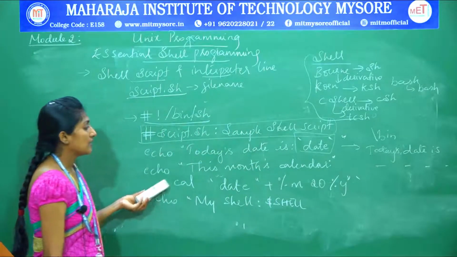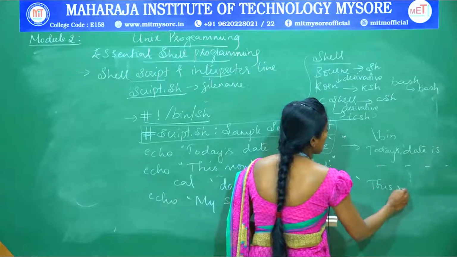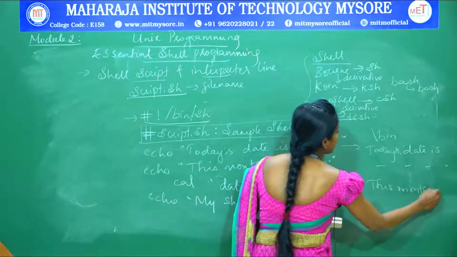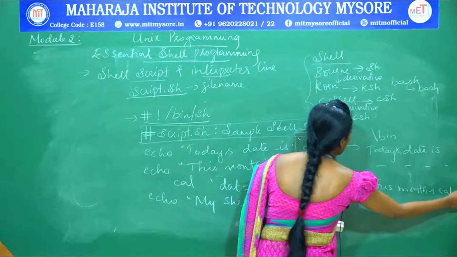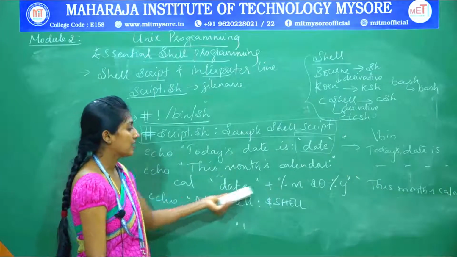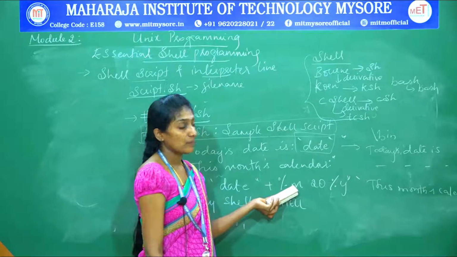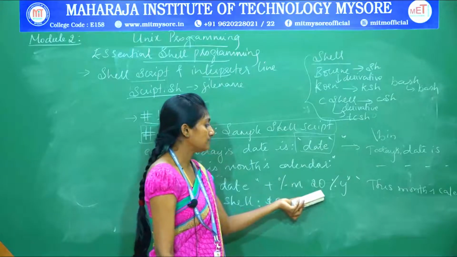Next, this month's calendar will be displayed. So this message will be displayed, and below that, cal with the month number and the year.